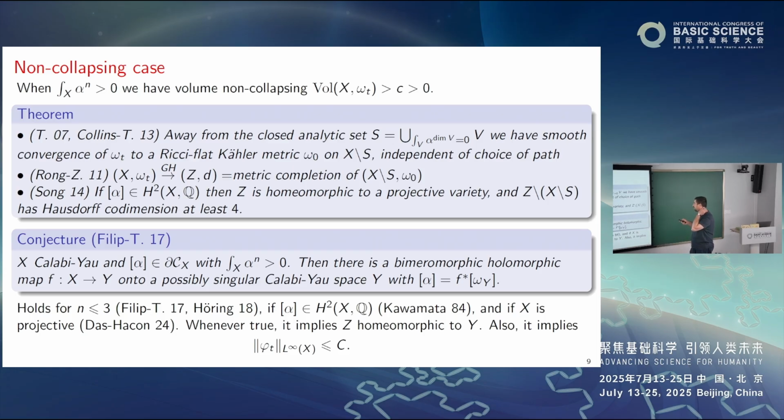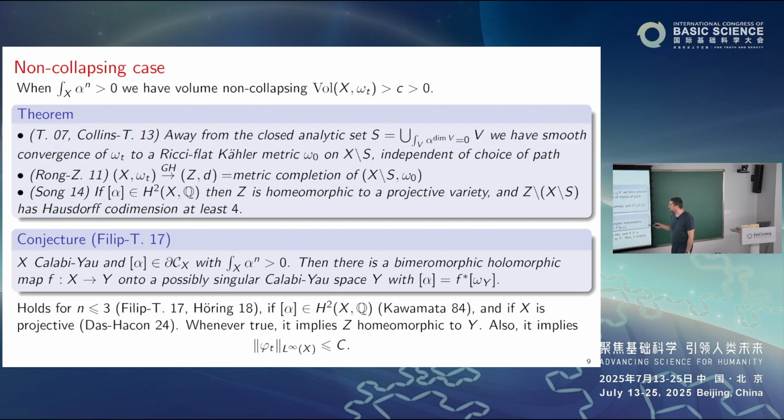So this is, in a sense, the analyst's question. And so the phi t have C infinity estimates on compact sets. And the geometer's question: Rong and Zhang proved that the Gromov-Hausdorff limit exists without subsequences, and it's identified as the metric completion, so it's isometric to the metric completion of this smooth limit.